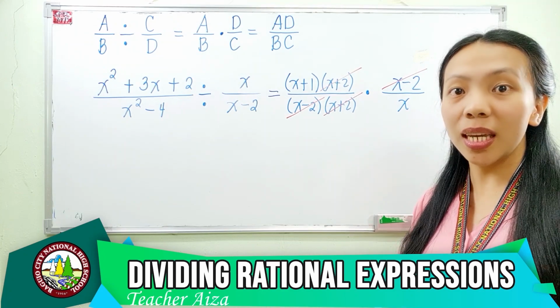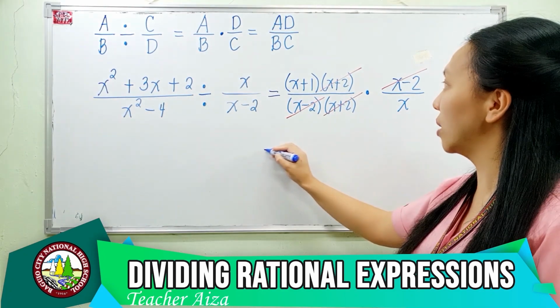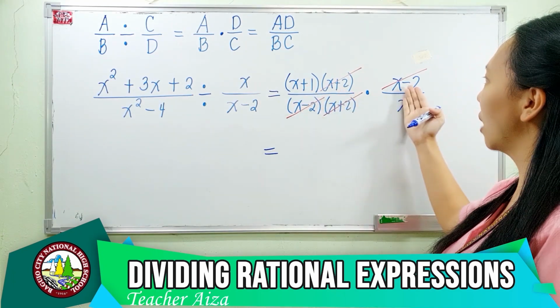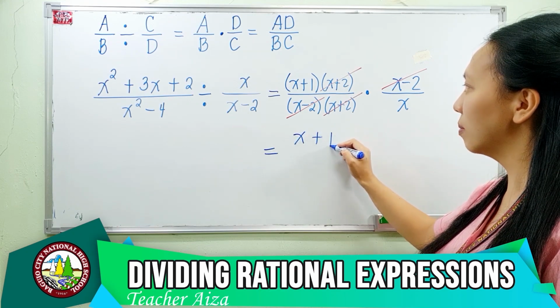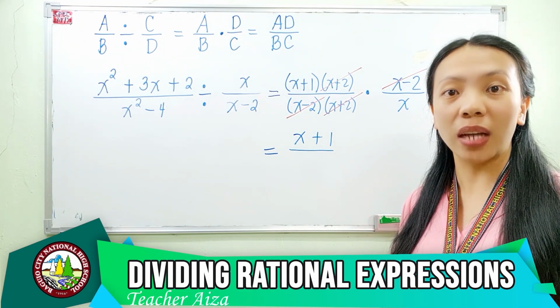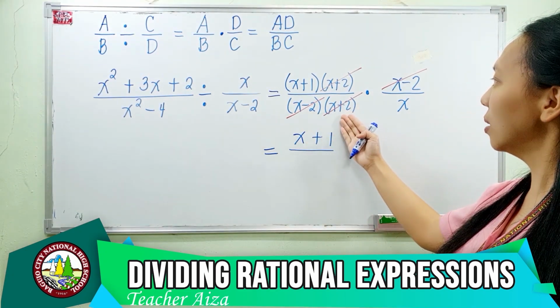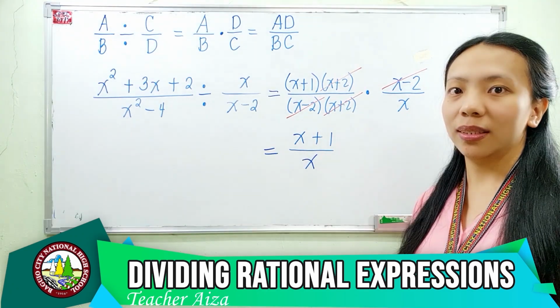And finally, we multiply the remaining factors in the numerator. We have the quantity x plus 1 times 1, that is equal to x plus 1. All over, we multiply all the remaining factors in the denominator. 1 times x is equal to x.